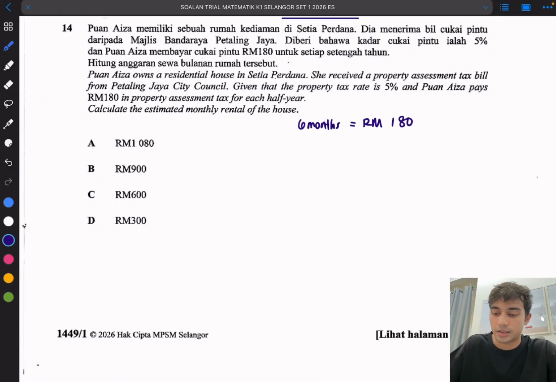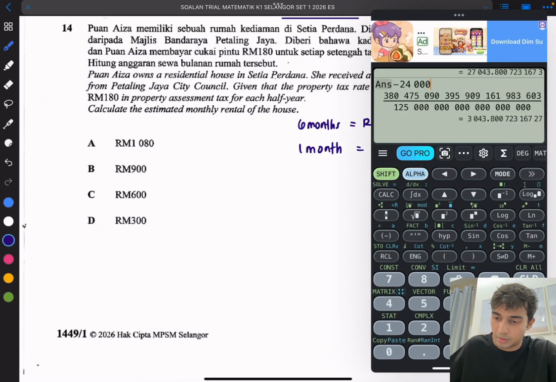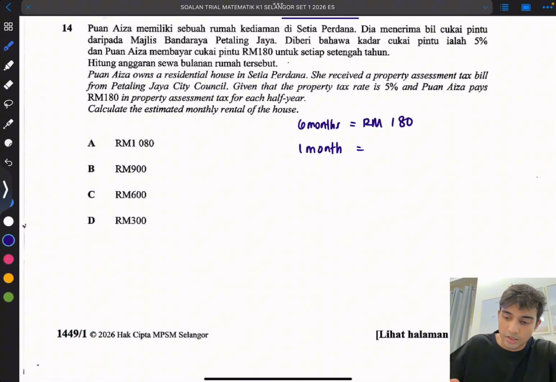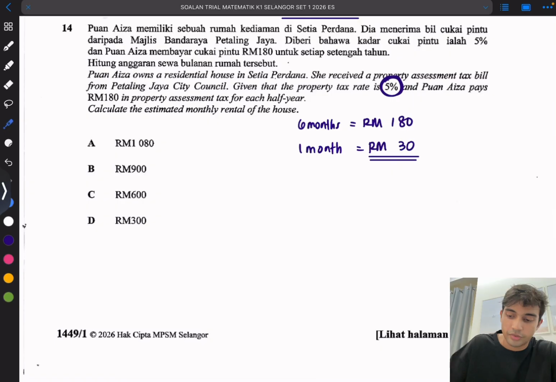This is the tax. So for each month you can calculate 180 divided by 6 months, which will be 30. So 1 month she has to pay 30 ringgit in tax. Okay, this 30 ringgit represents 5%. So they charge her 5% tax. So every month 30 ringgit she has to pay lah.